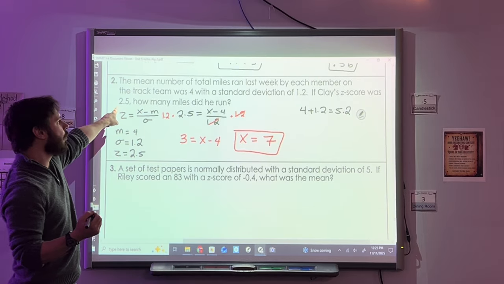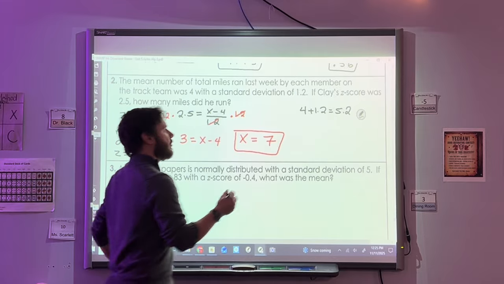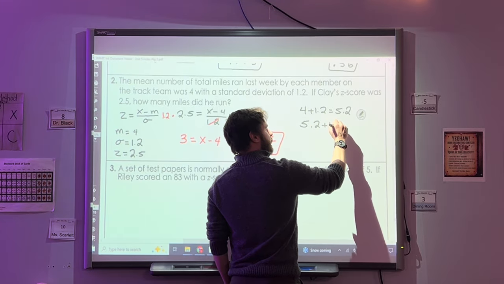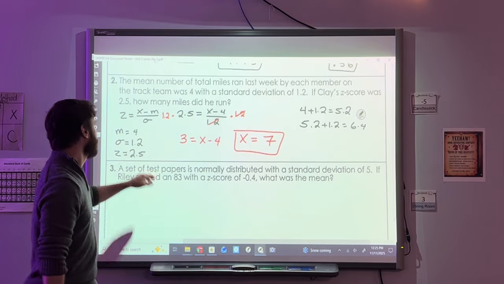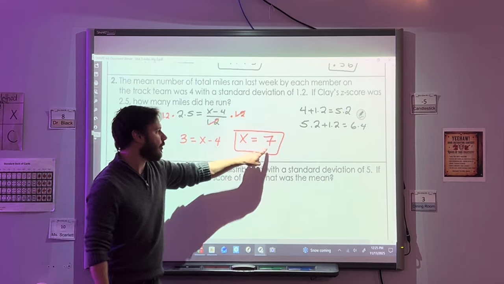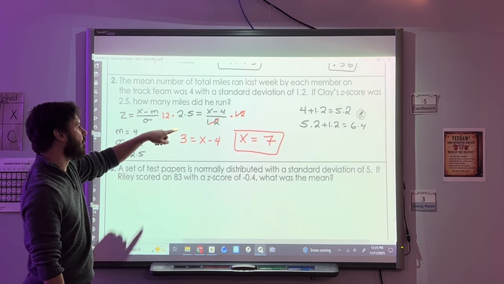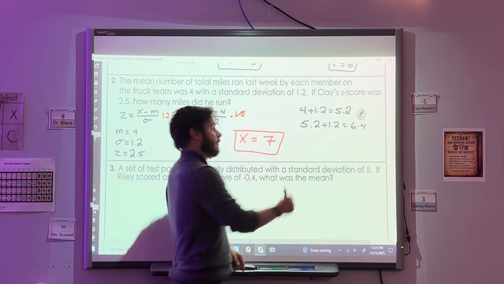But he scored more than 1 standard deviation away. He scored over 2, so at least 2. Let's add another standard deviation to that. 6.4. And he still scored higher than that. Well, if the standard deviation is 1.2, half of 1.2 is 0.6.